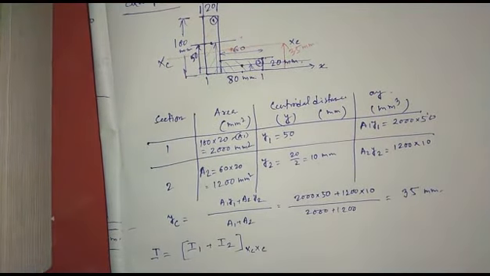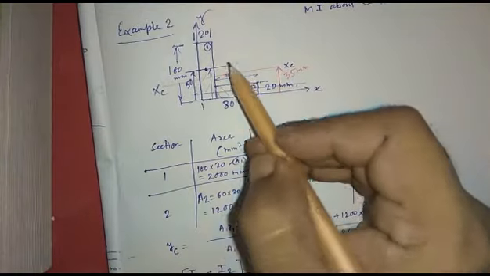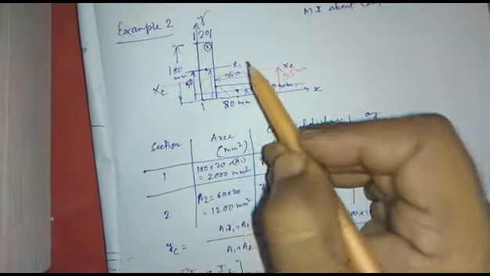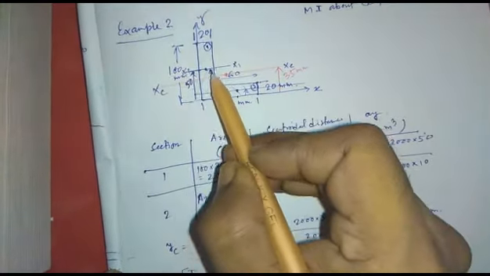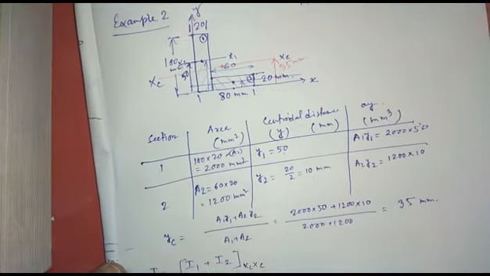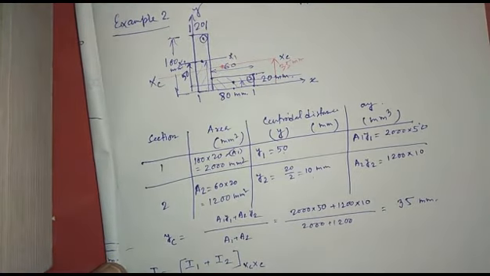So what will be I1? I1 is about its own axis, the one marked in blue, it is BH cube by 12, plus. Why plus?